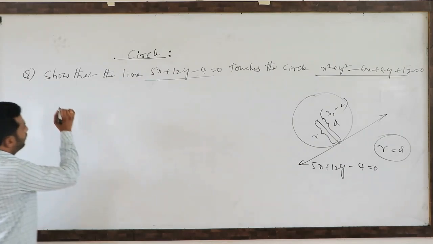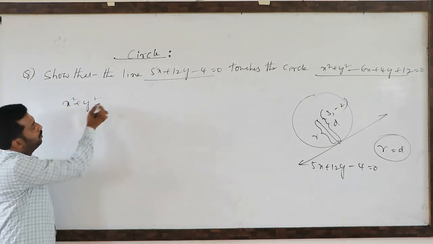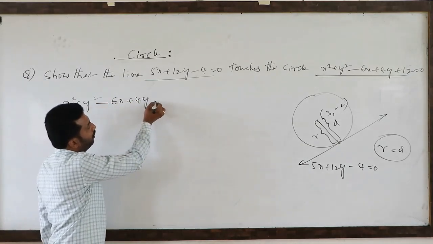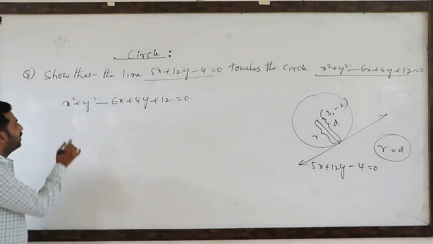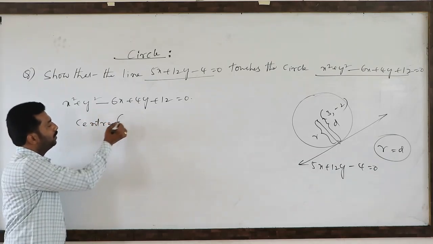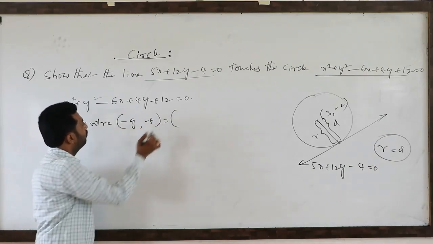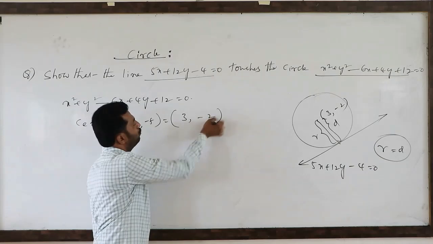So the given circle, I will write once again: x square plus y square minus 6x plus 4y plus 12 equal to 0. What is the center? We require the center. So minus g comma minus f, nothing but 3 comma minus 2.